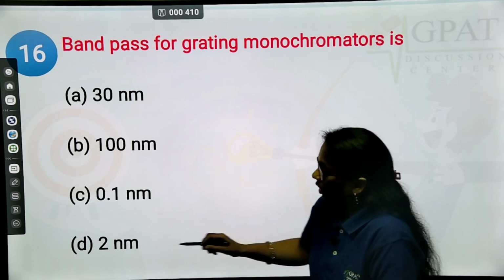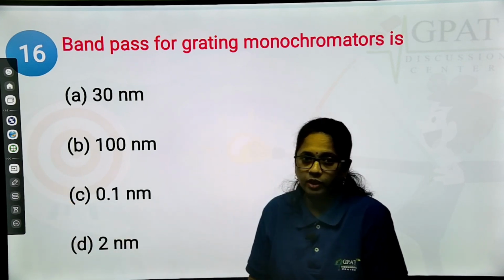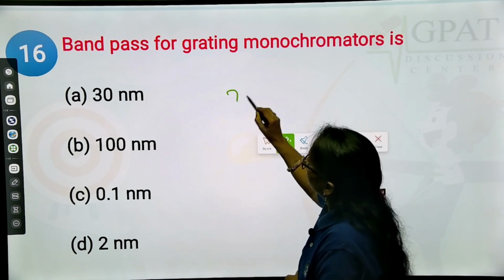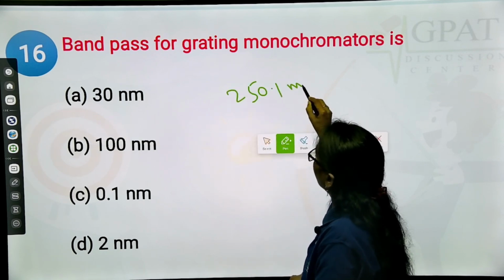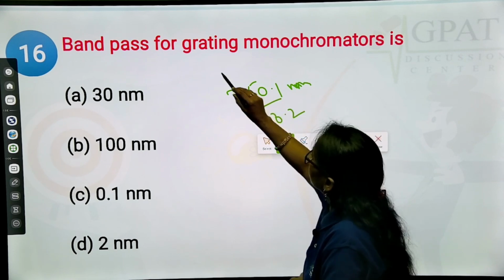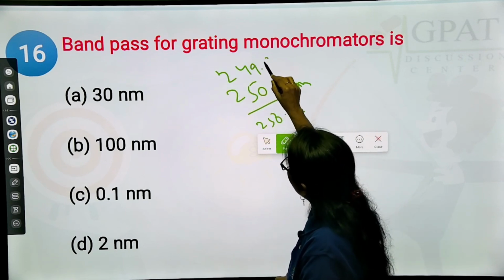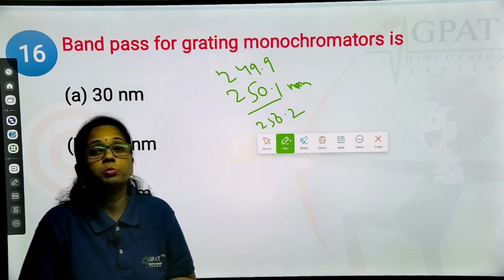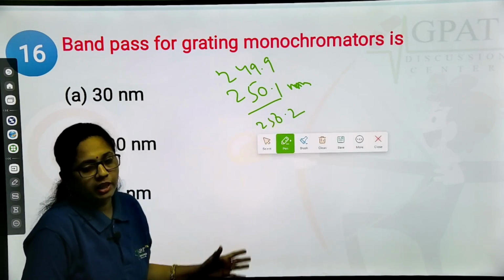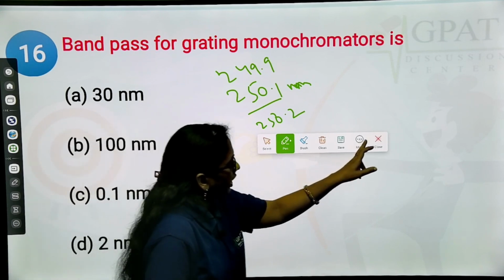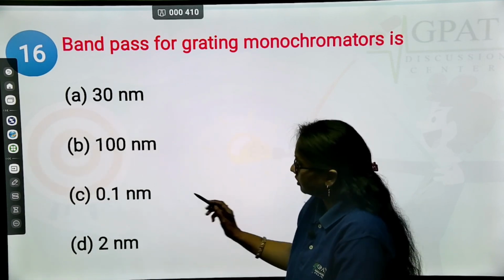Even if you select a wavelength like 250, exactly at 250.1 nanometer you can take the reading, 250.2 nanometer also, 249.9 nanometer also. So a 0.1 nanometer bandwidth is observed for the gratings. That is the advantage, so C is the right answer.